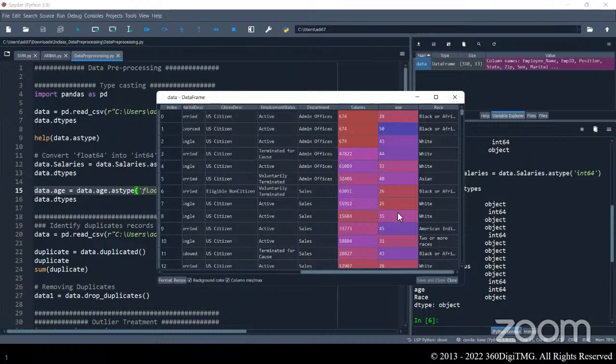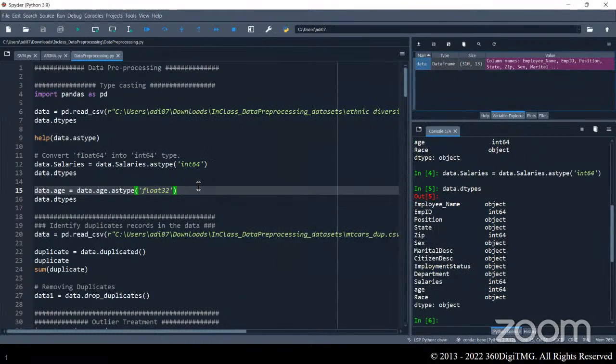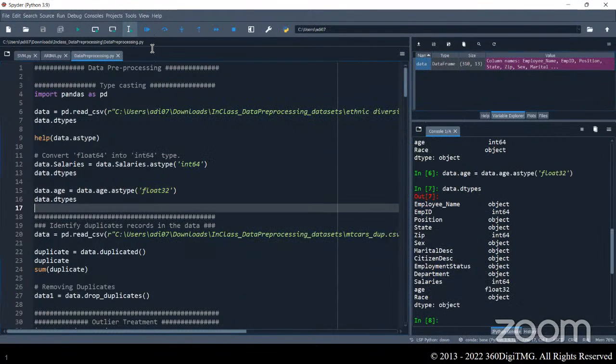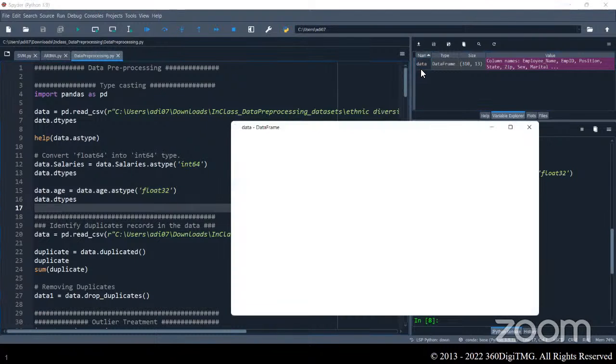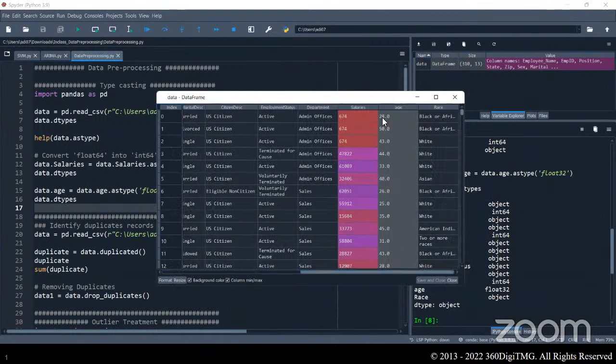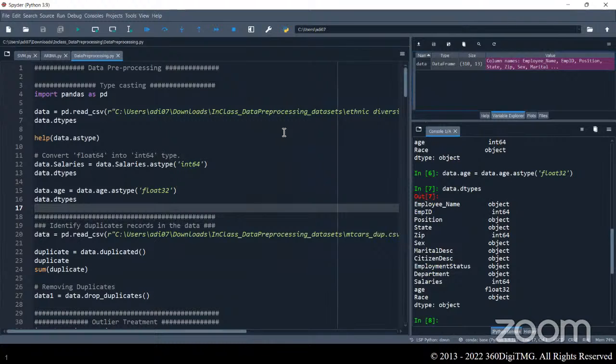We can simply change it to float. And there we see it is now in float32 format. So now it all has a decimal point. So this is typecasting.